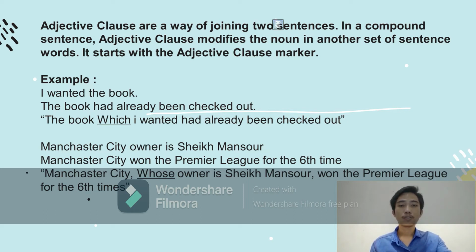So the noun Manchester City is in the person category, but it is person possessive. So the best conjunction we can use for this sentence is whose, because whose is used for person possessive. So the sentence will be like this: Manchester City, whose owner is Sheikh Mansour, won the Premier League for the sixth time. That's all for me.